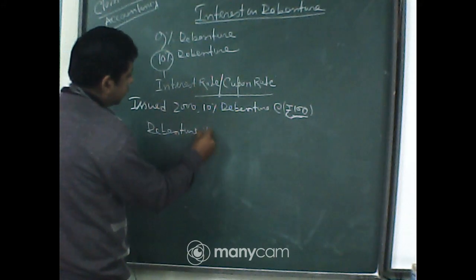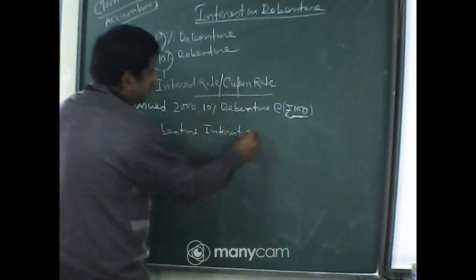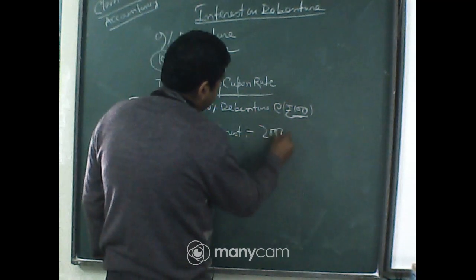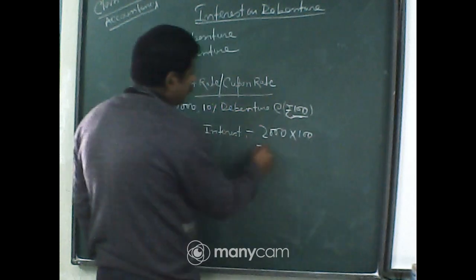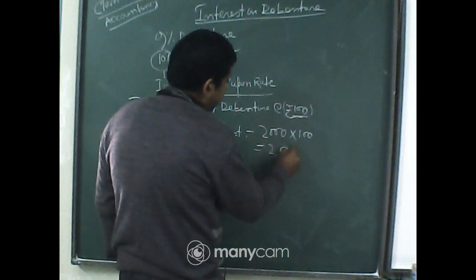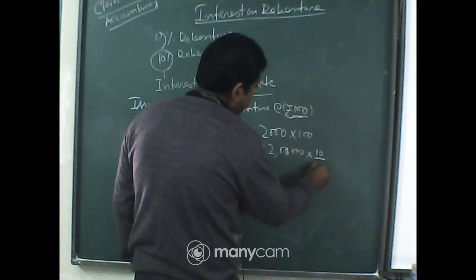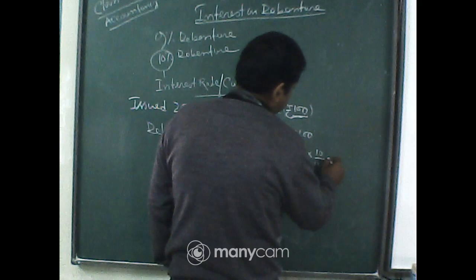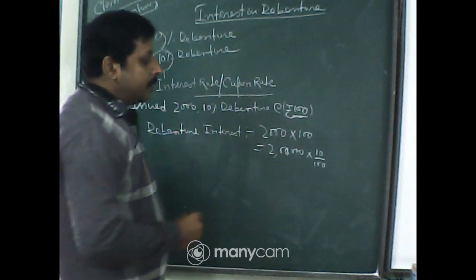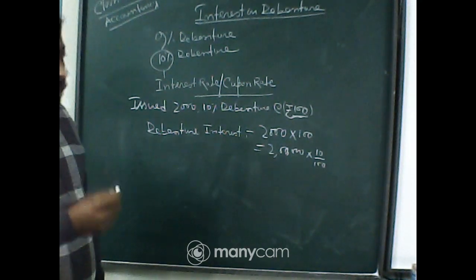That is 2000 multiplied by 100, that is 2 lakh. The interest rate is 10%, that is 10 by 100. That will come to 20,000. So, 20,000 is for the whole year.